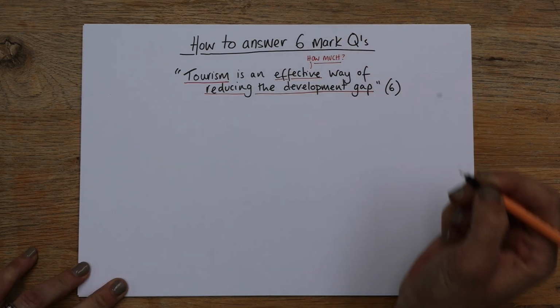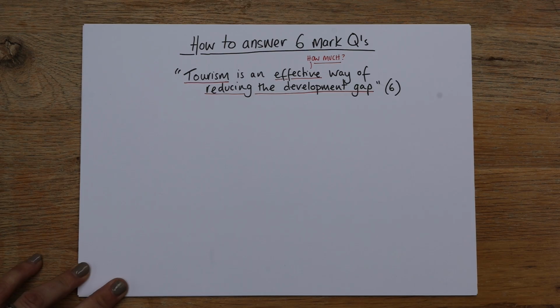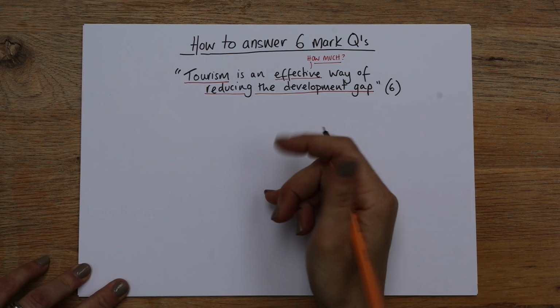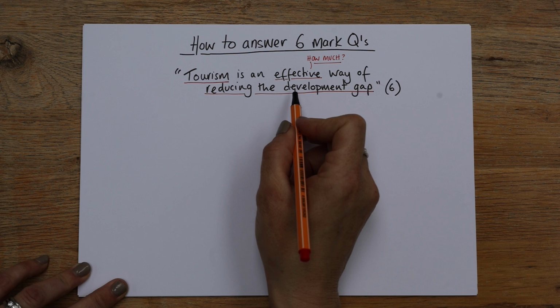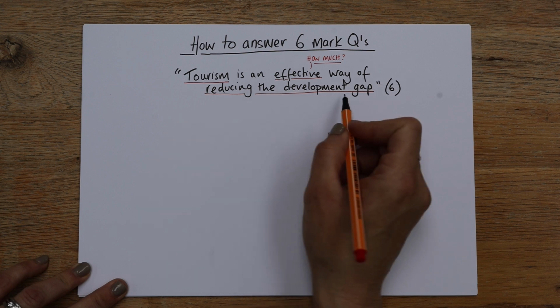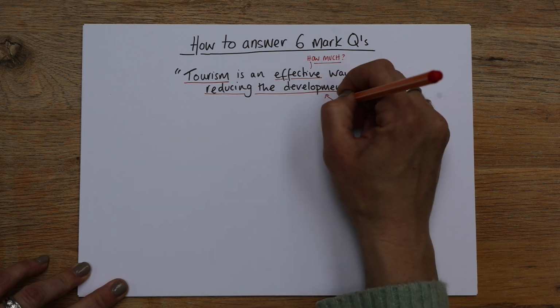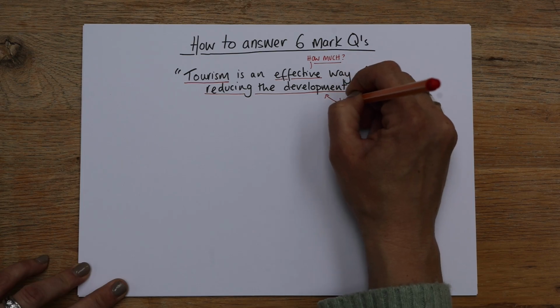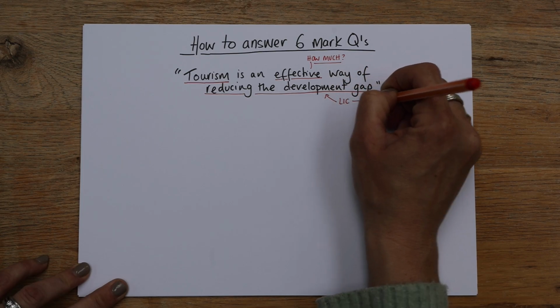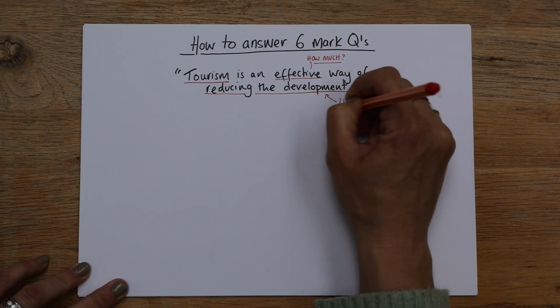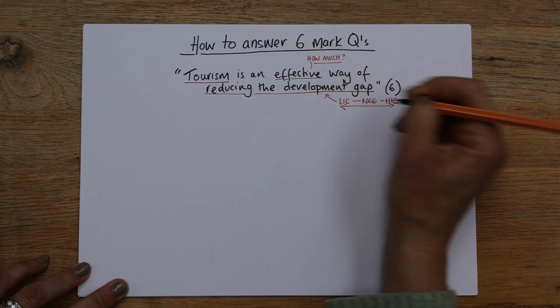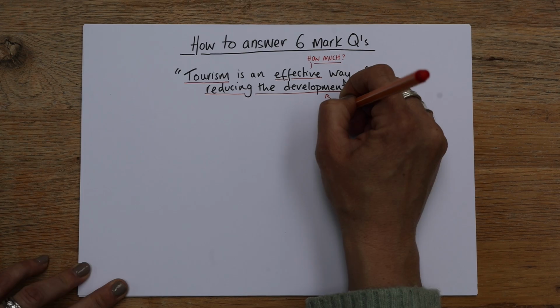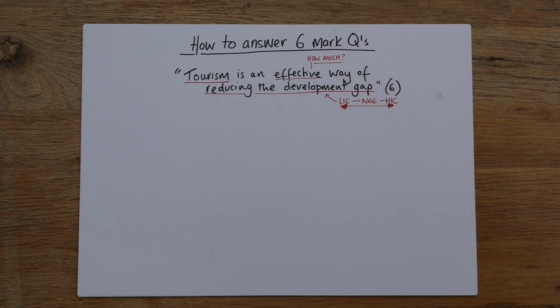Is it really effective, or is it not a very good strategy? That's what this is saying. And then reducing the development gap. The development gap is what exists between low-income countries, newly emerging economies and high-income countries. It's this gap between them, and things like life expectancy, healthcare, wealth, it's all in there.